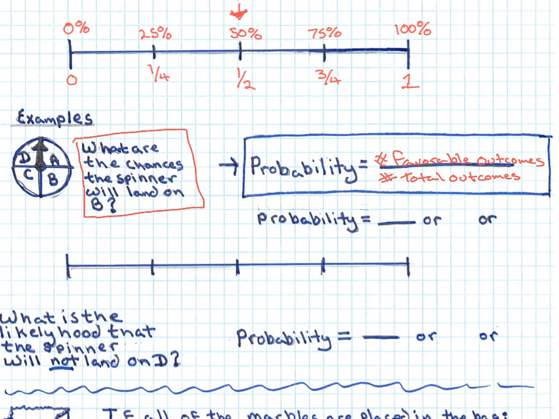So we look at what are the chances it will land on B? Well, how many spaces on this spinner have a B? Just this one. So there's only one favorable outcome, so I will write it as 1. How many total outcomes? Well, there's 1, 2, 3, 4 total outcomes. So I would write my probability as 1/4.